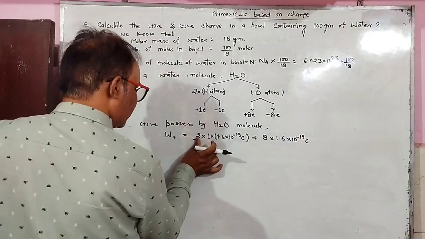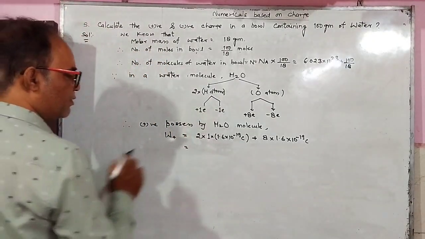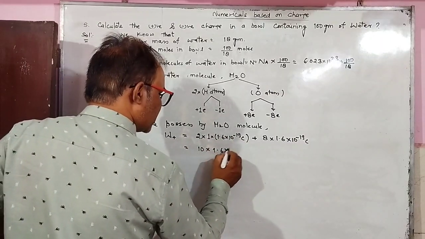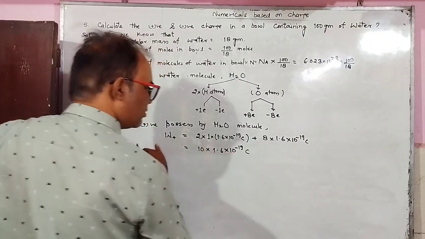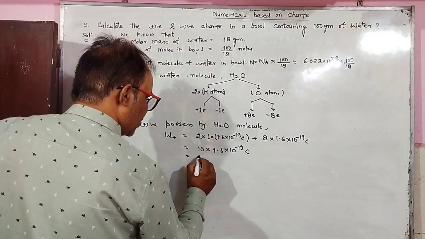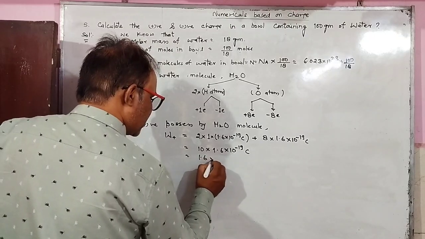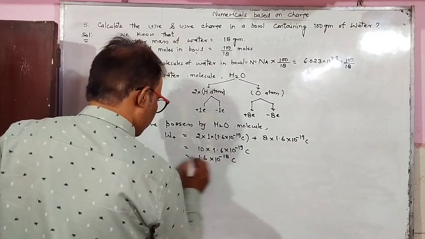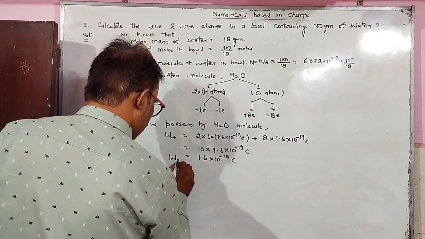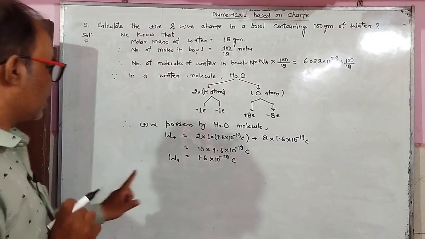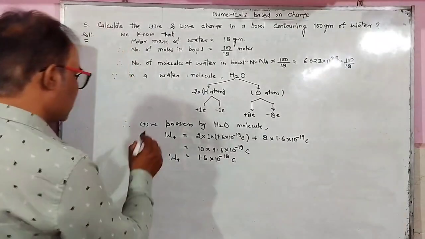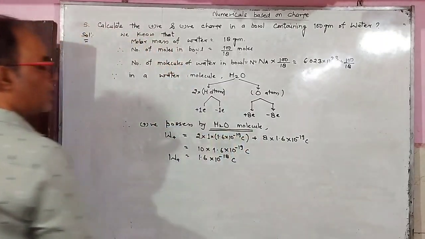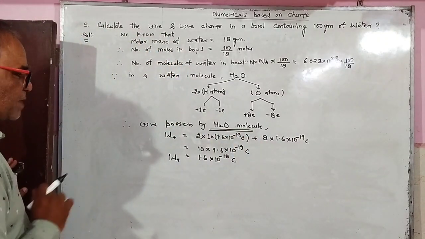So that will give 10 into 1.6 into 10 to the power minus 19 coulomb, that is 1.6 into 10 to the power minus 18 coulomb. This is the positive charge possessed by water molecule. I hope this part is clear.